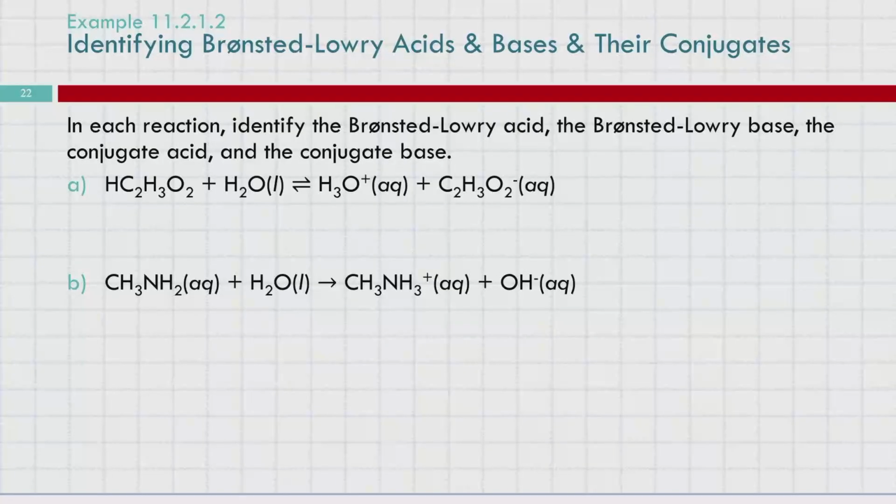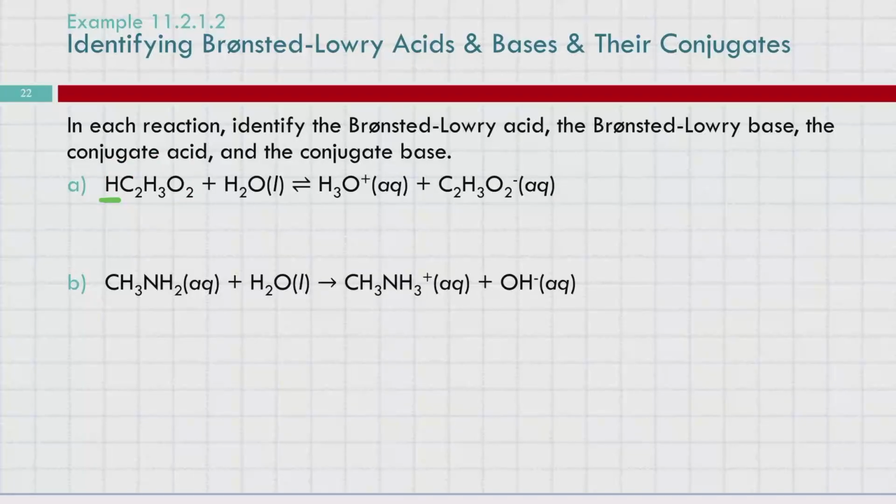In A, which of these two is our acid? Water. It's not water. It's the other thing, acetic acid, because it's got H in the front. The reason it's not water in this case is because we have a better acid. Water can do both. It doesn't particularly like doing either, though.